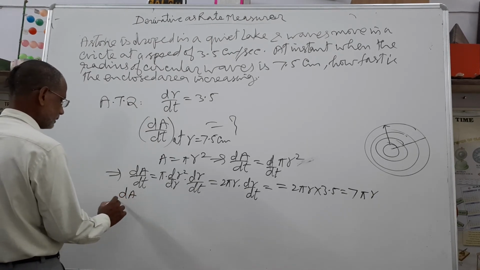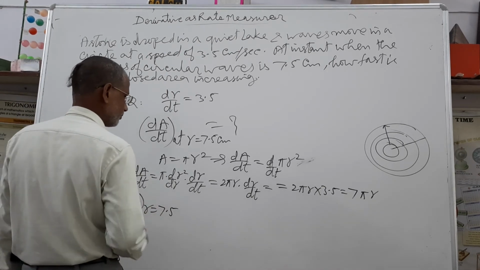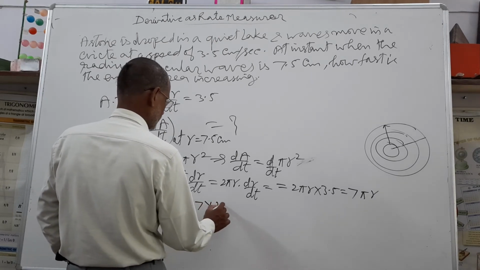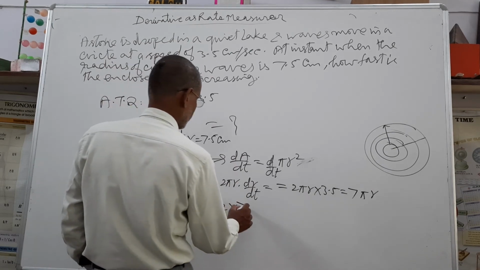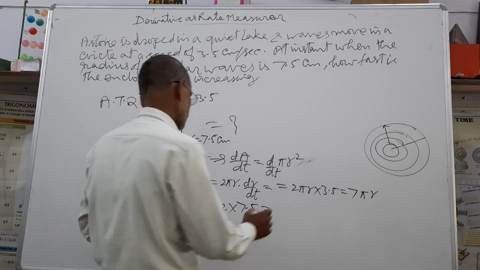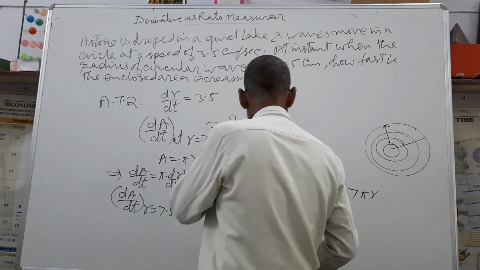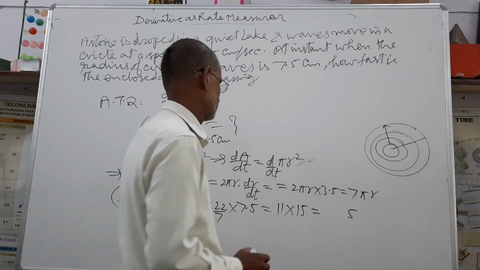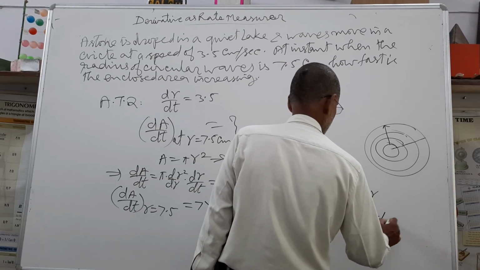Now dA dt at r is equal to 7.5 is equal to 7 into 22 by 7 into the value of r, 7.5. 7 and 7 cancelled, 11 into 15 is equal to 165 centimeter square per second.